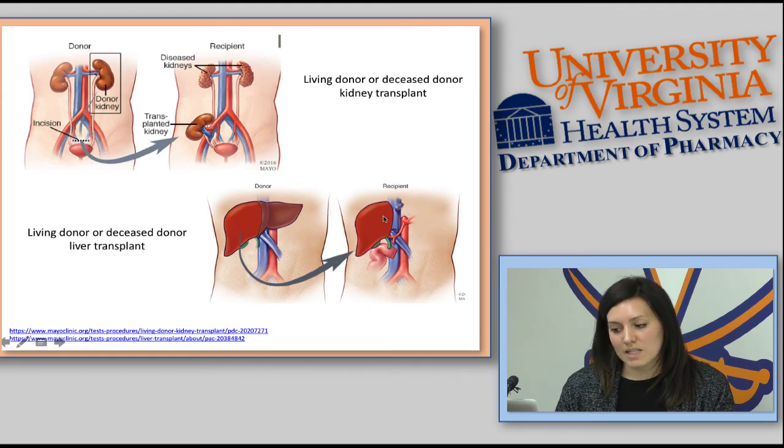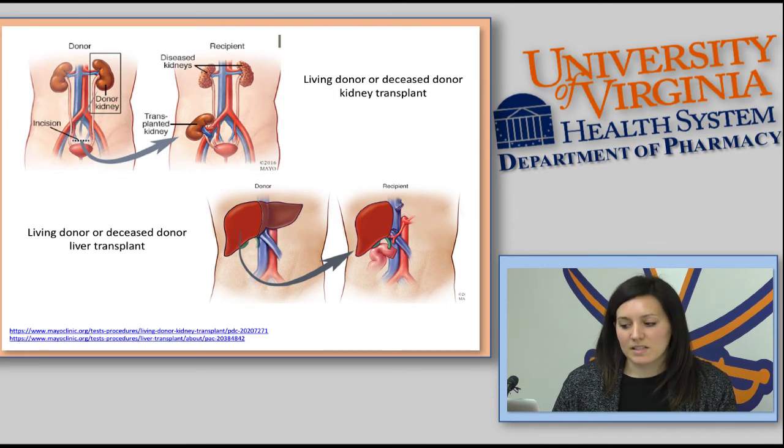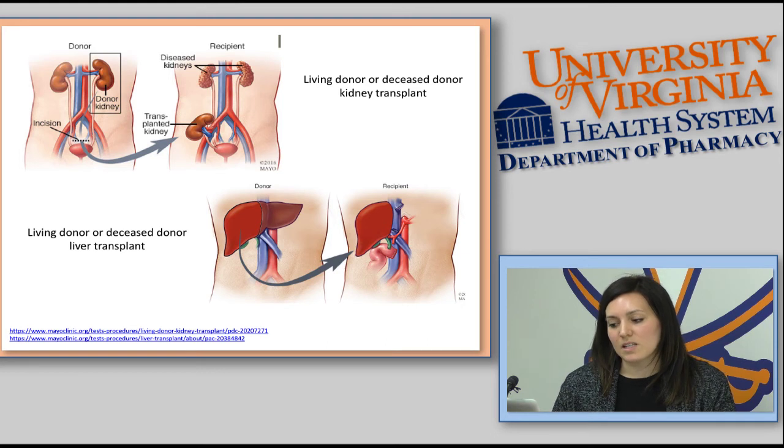And if it is a deceased donor, it can be the full liver that's done, or it can be a split liver case, which is what's shown in this image. For heart and lung and pancreas transplant, it's a similar concept, but the original organ is removed, similar to the liver transplant situation, and the donor organs are placed within the recipient in the same place where the original organs were.